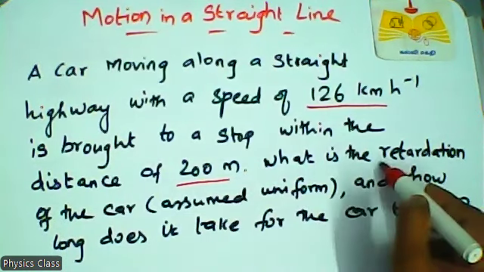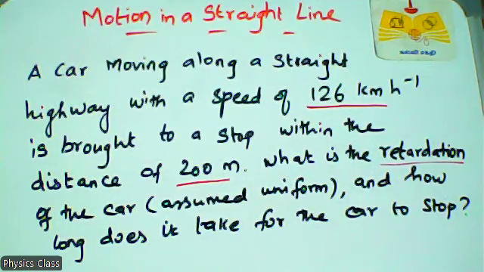What is the retardation? Retardation means negative acceleration. Once you apply the brake, that car or bus, that vehicle will come to a stop. That is called negative acceleration, because in this scenario the acceleration tends to decrease.